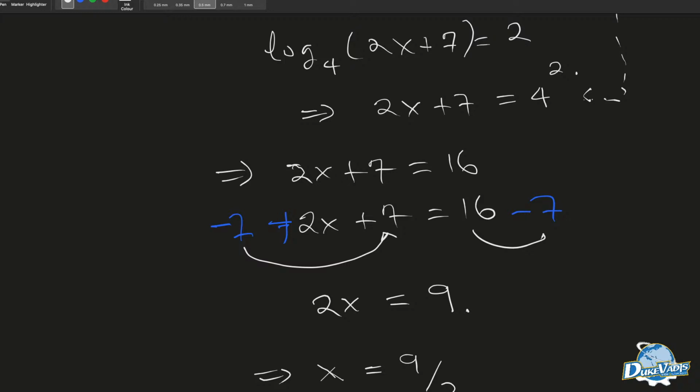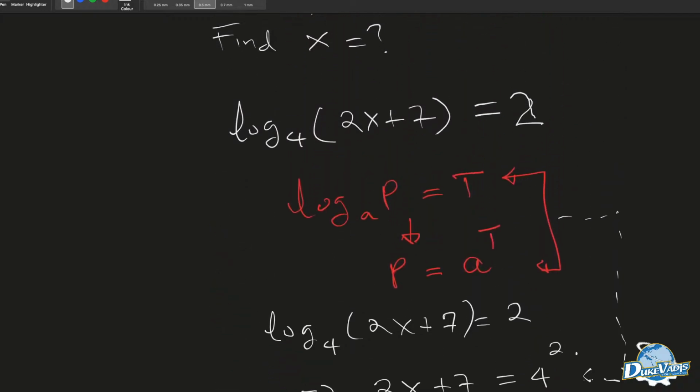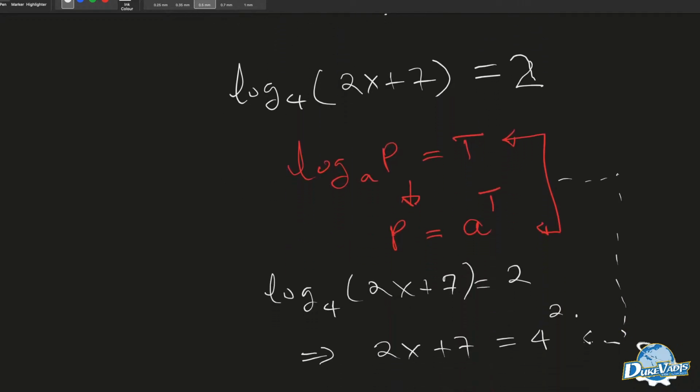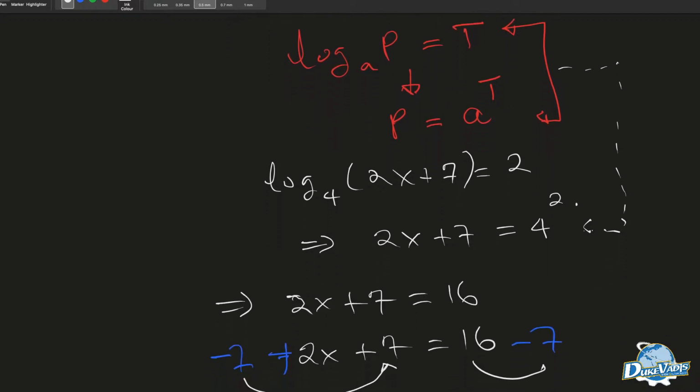That's beautiful. It's as simple as that. All we did was apply some of the principles of logarithm that we learned earlier. So the 4, which is what we have over here, is moved under the 2 to become 4 to the power 2. After that, the rest becomes simple algebra.